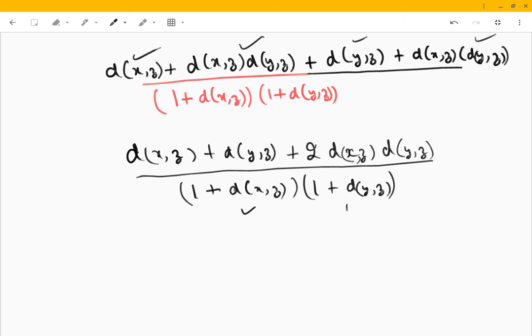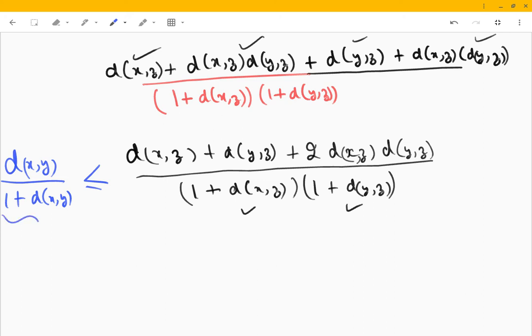These are positive quantities, right? None of them is negative. So I think we should include this also: d(x,y) on that side and 1 plus d(x,y). I just wrote my left hand side, okay?